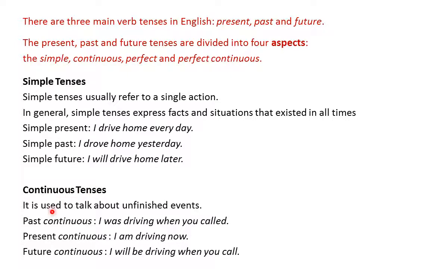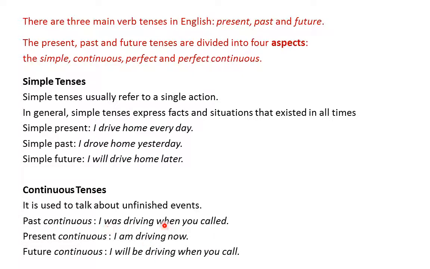Continuous tenses are used to talk about unfinished events, something that already started today or yesterday or any time in the past, and it is continuous. It is unfinished. For example, past continuous: I was driving when you called. So I want to talk about the event when someone called me, and say what I was doing.